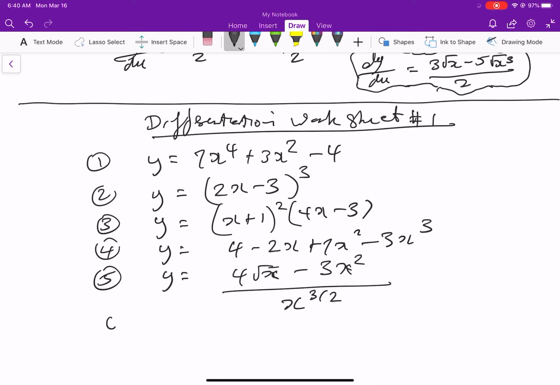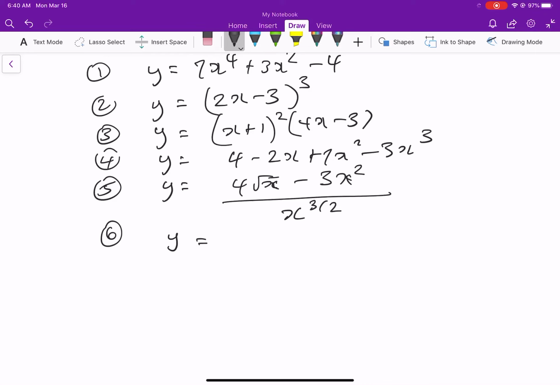And one more to keep you busy and out of trouble. Number 6. y is equal to the square root of 2x minus 1 times 7x plus 3 all squared.